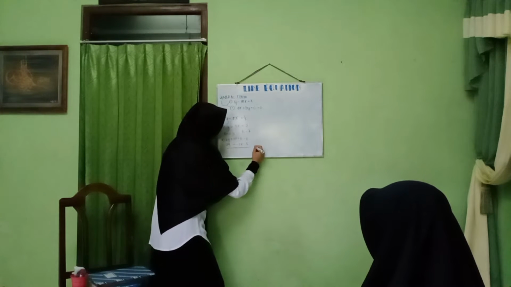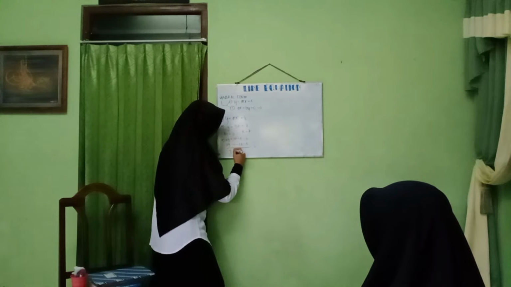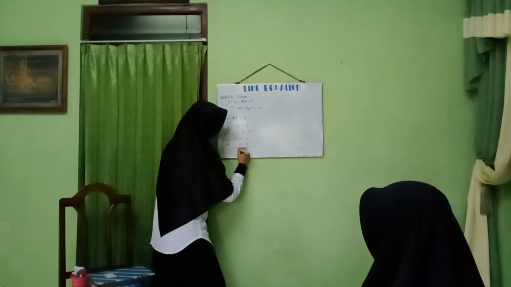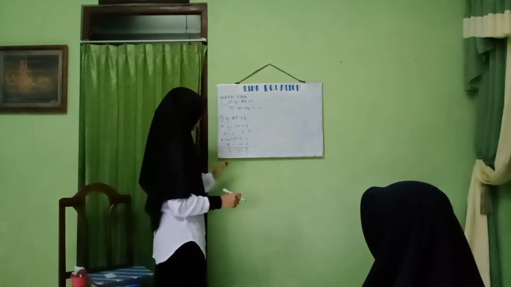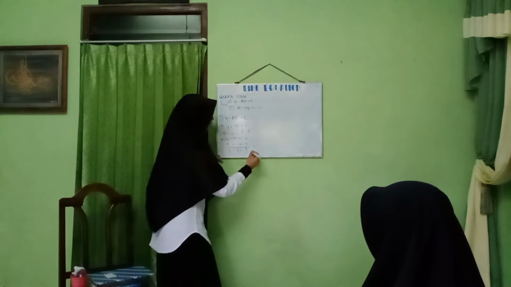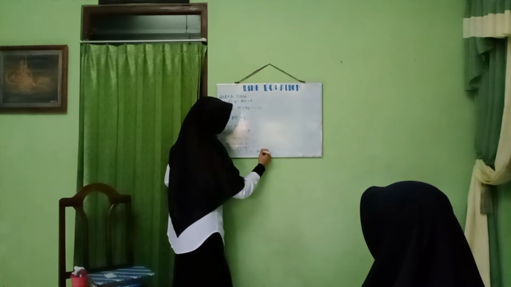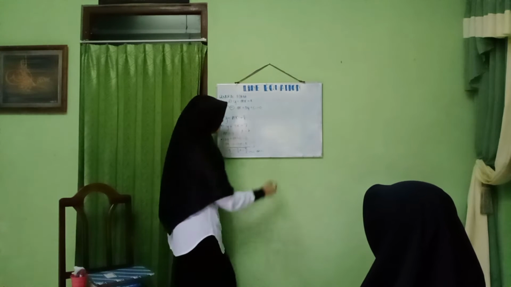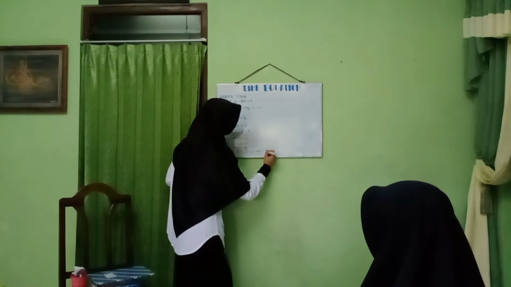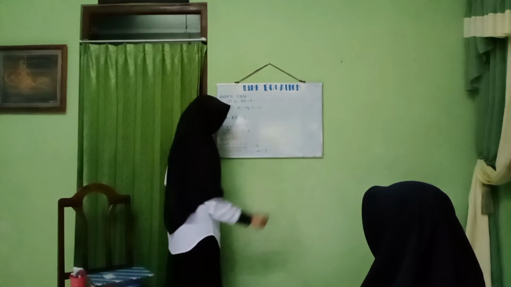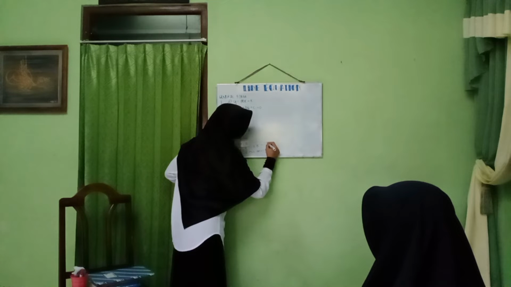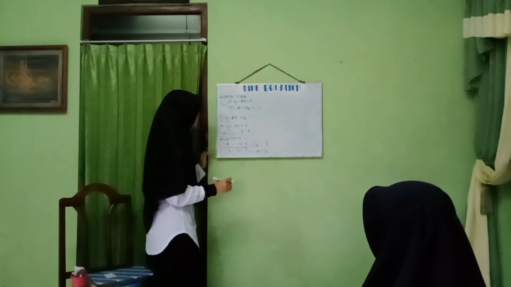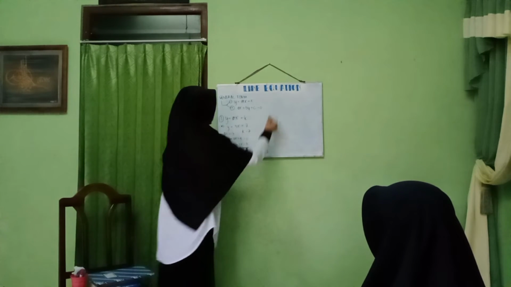So we get y is equal to minus 3 over 2x minus 5 over 2. So from this, we can find the m. What is the m? Minus 3 over 2. Yes. And what is the k? Minus 5 over 2. Yes, that's right. This is the first general form.